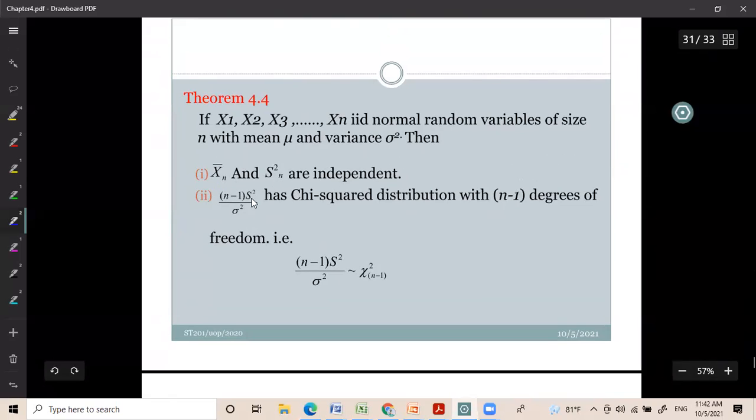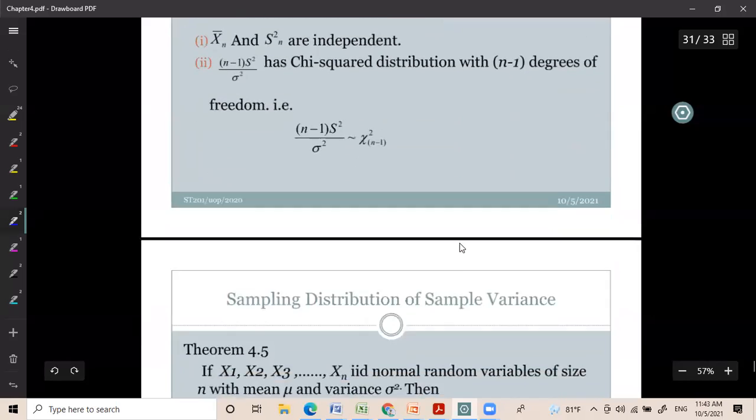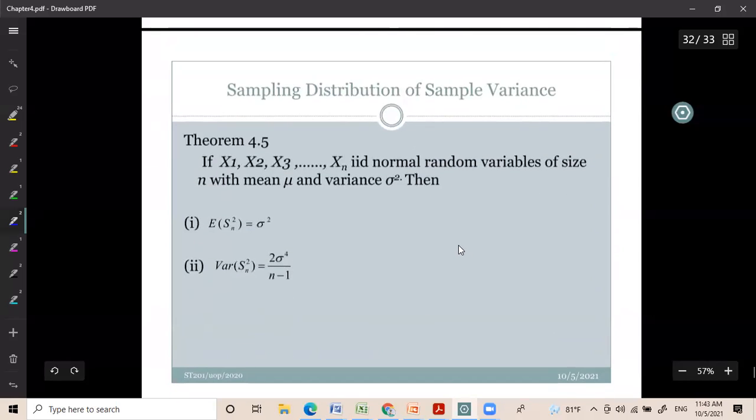And if you compute (n minus 1) S square, that is n minus 1 times the sample variance, divided by the population variance, that will give you the chi-square distribution with degrees of freedom n minus 1. So that is one more theorem.